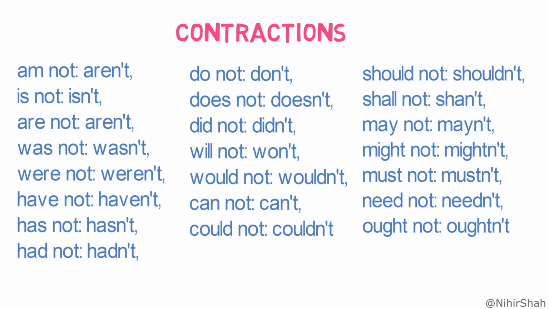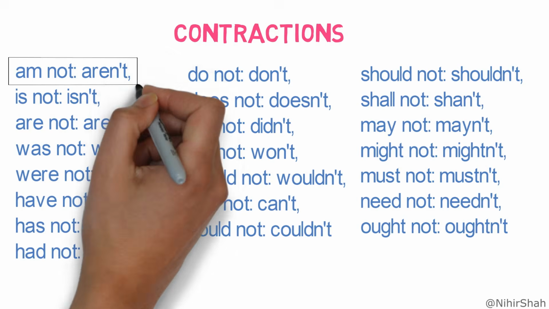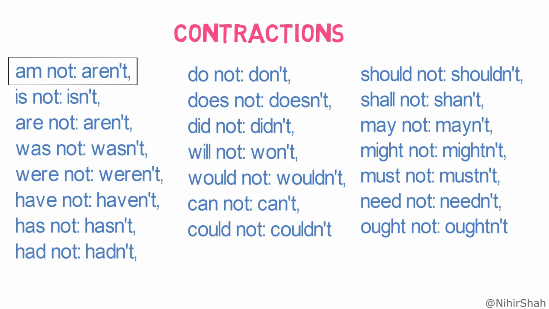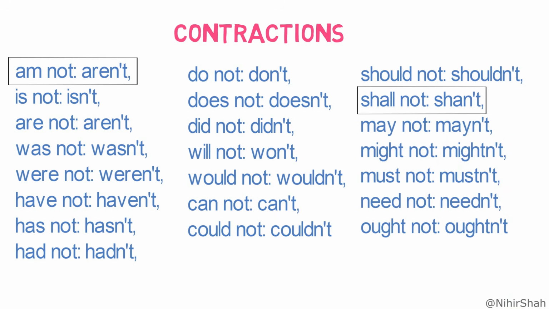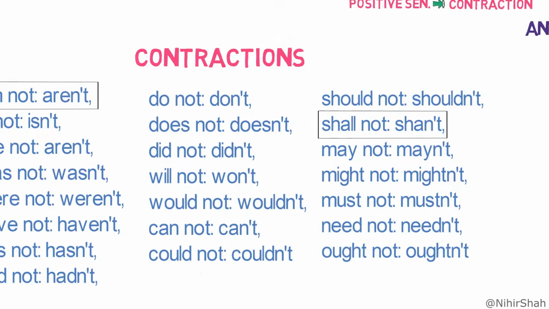Here you need to remember two contractions clearly. Number 1, am plus not is equal to aren't and not amn't. Number 2, shall plus not is equal to shan't and not shall not. Rest all contractions are easy to remember. So this is all about contraction, and this will come into picture if the sentence is in positive form.